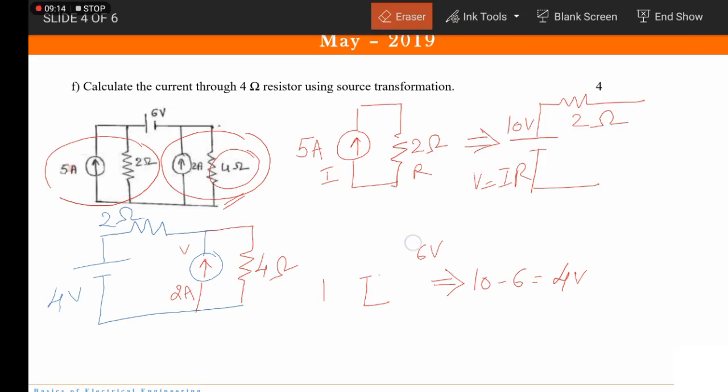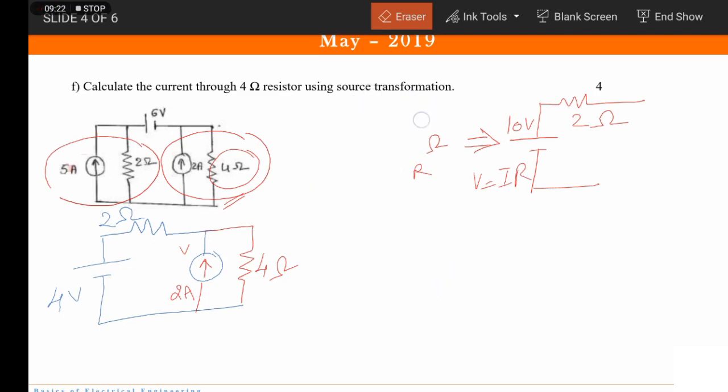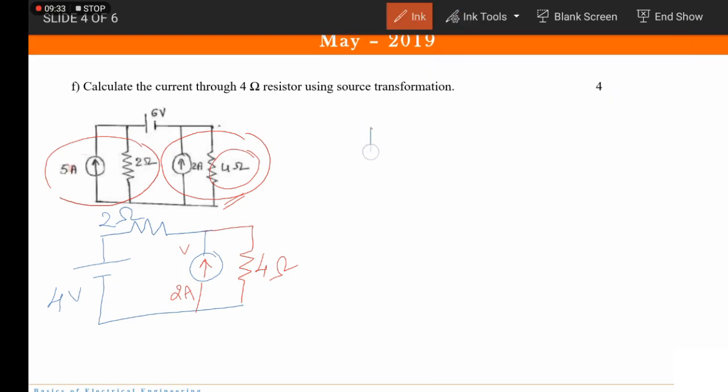The next part is we will convert this 4 volt voltage source into the corresponding current source. Okay, so we will be converting the voltage source into a current source. How to do that? Come on, Ohm's law. Current is equal to voltage upon resistor. So now the next equivalent circuit would be this.